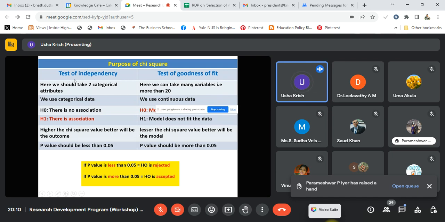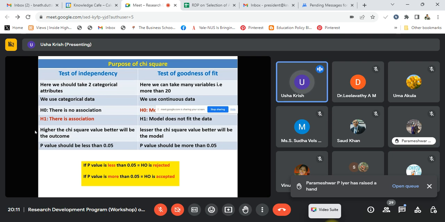Let me take up the first one, to measure the association between the two attributes. Now, what are the requirements? We should have two categorical attributes. Then, how are we going to formulate the hypothesis here? Null hypothesis, there is no association. Alternate hypothesis, there is association.